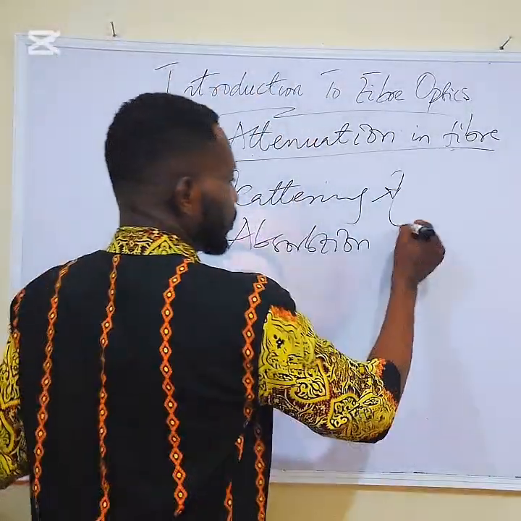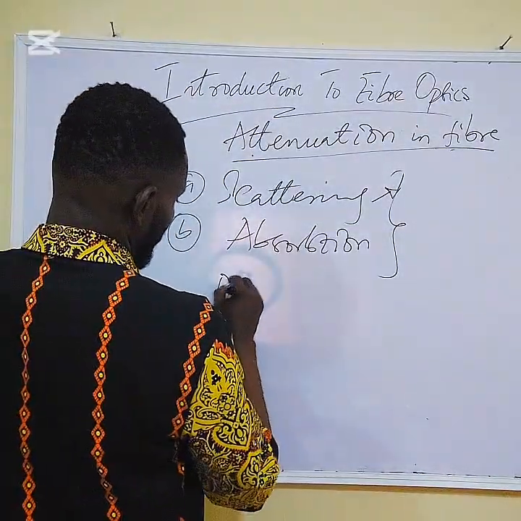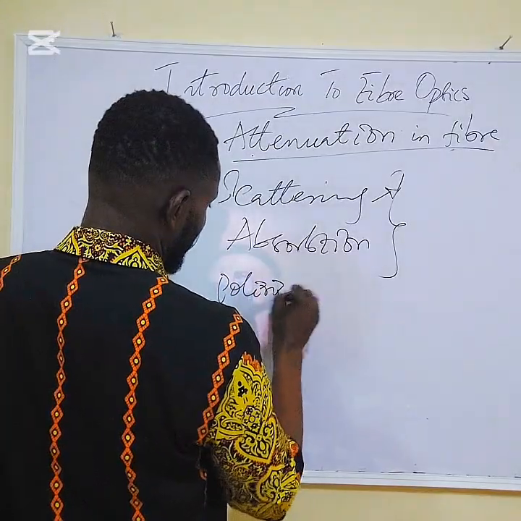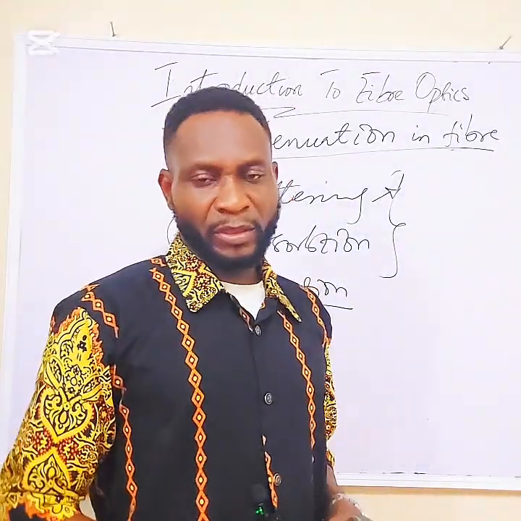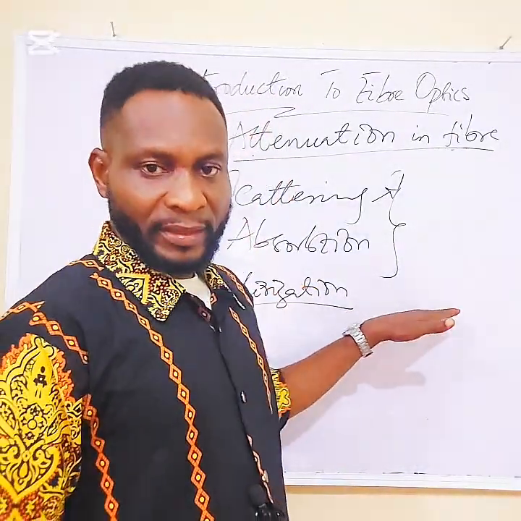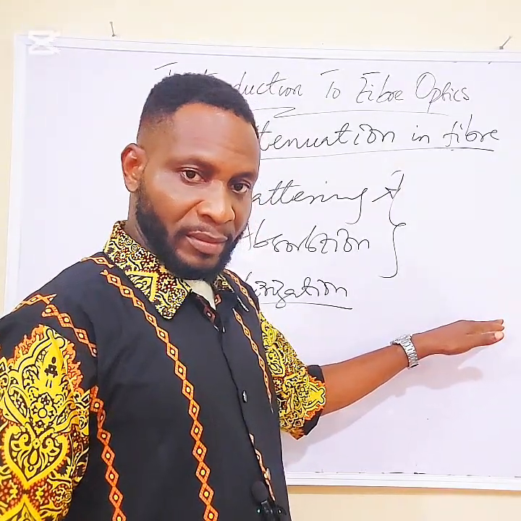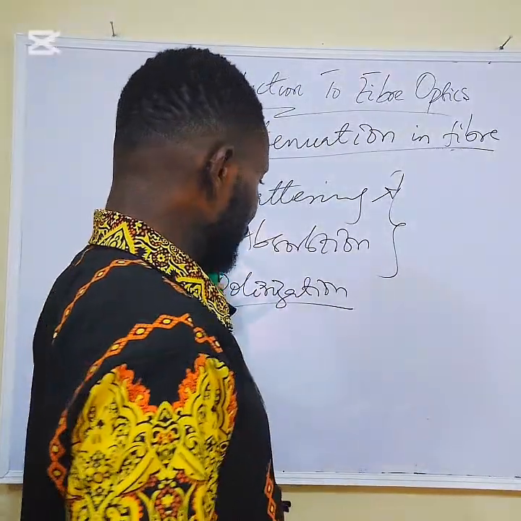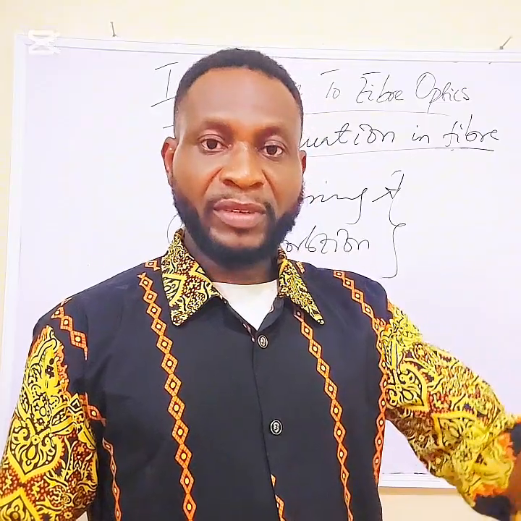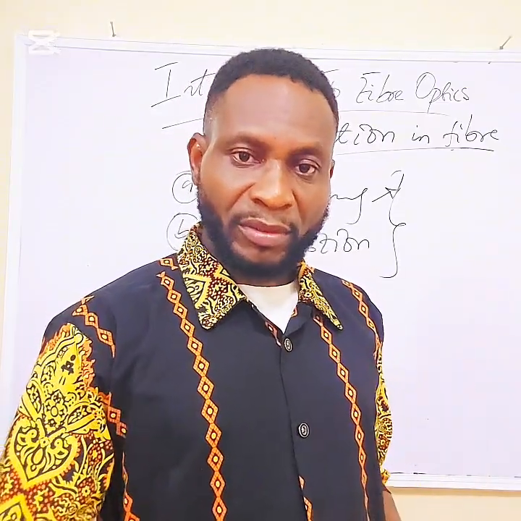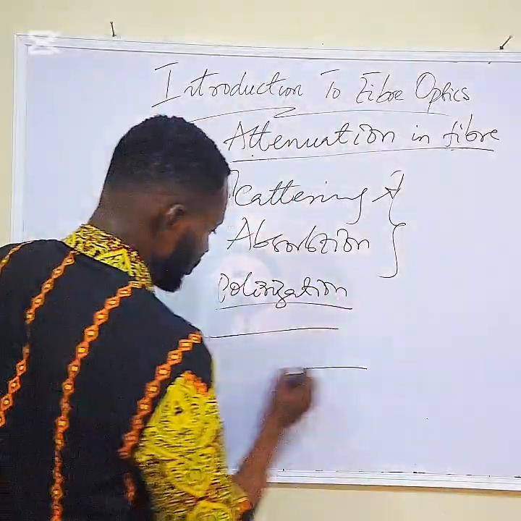So under this attenuation, there's what we call polarization. Polarization is when different lights travel at different speeds or distances.